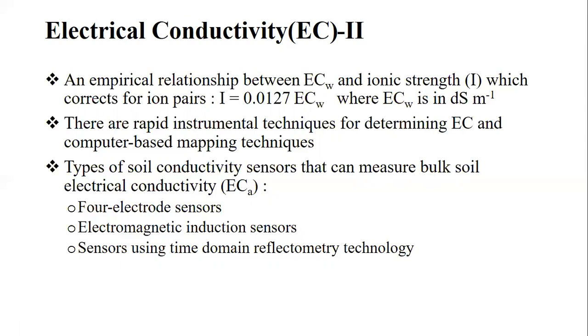The same goes for the bulk soil: it means the general soil, not next to a very specific thing, the average value you expect of a soil. They use different types, one of them called four-electrode sensors. We have electromagnetic induction sensors, and we have sensors using time domain reflectometry technology.